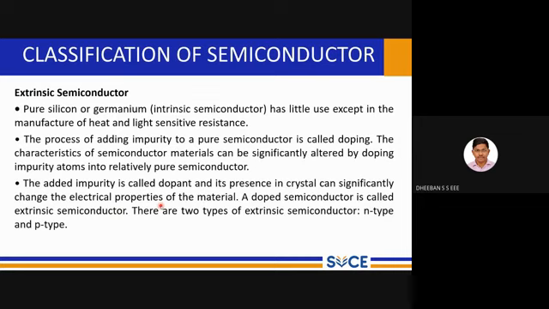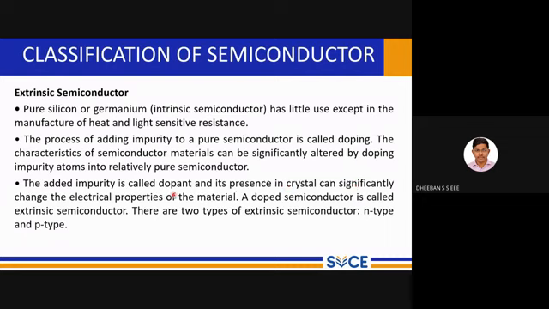If you add impurity, it supports the flow of electric current, which is a very good characteristic for a conductor. So doped semiconductors will have very high conductive characteristics compared to your pure, intrinsic semiconductor.